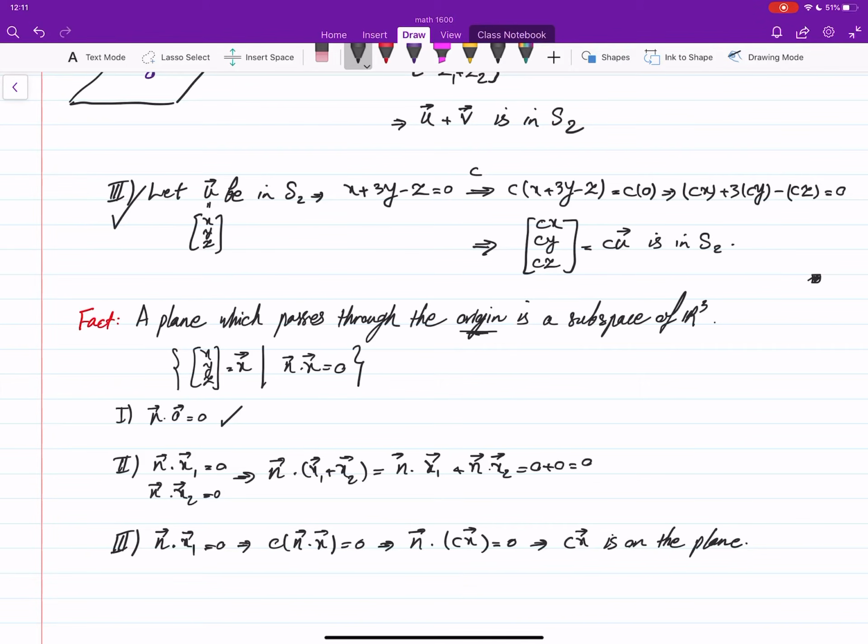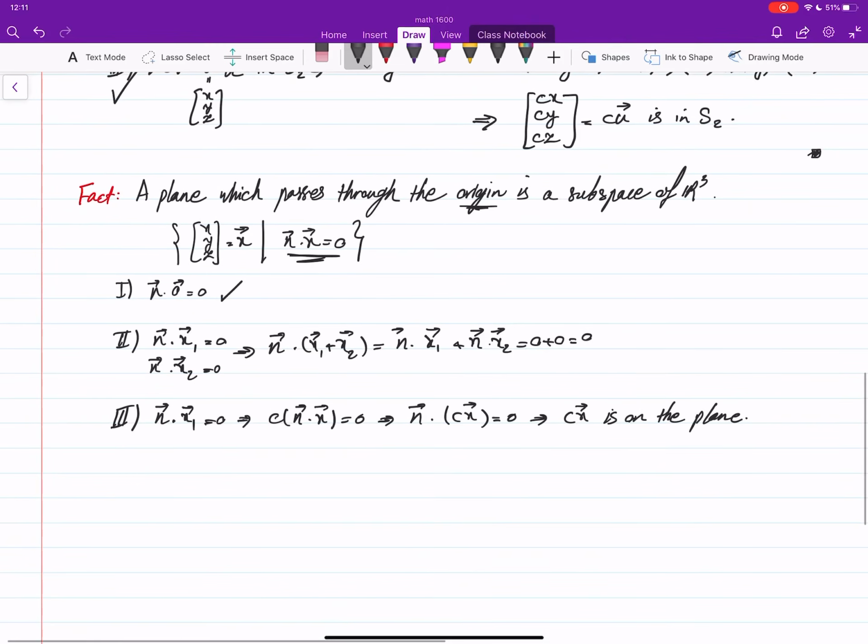So what we showed is that if you have an equation like this, that is a subspace of R3.